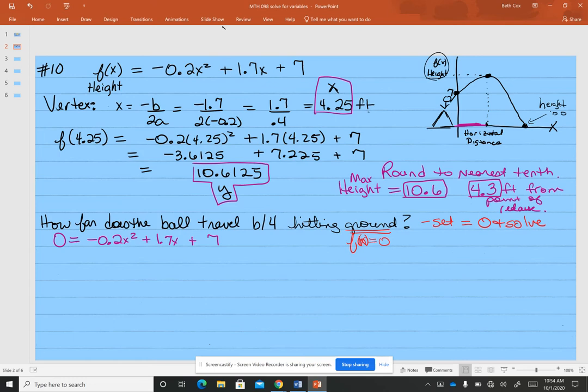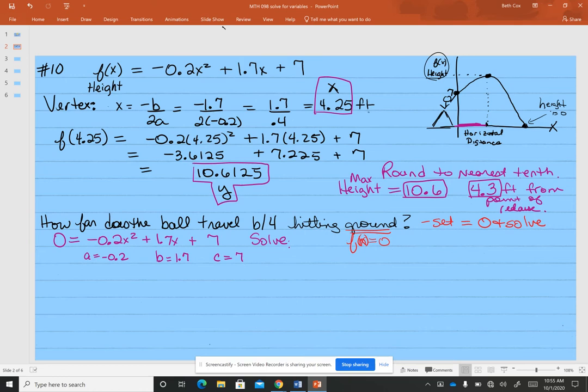Again, if you need to stop the video right now and solve it using the quadratic formula, that would be awesome if you wanted to do that. Or you can watch me use this new method, because that's the method I'm going to choose. So I'm going to solve this. All right, my A, B, and C. I know my A is negative 0.2, my B is 1.7, and my C is 7.